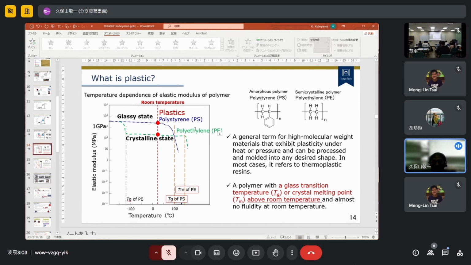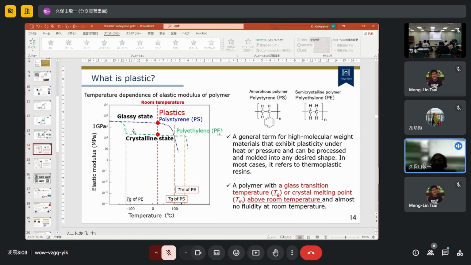And polyethylene is a semi-crystalline polymer. In the case of polyethylene, the glass transition temperature is much lower than room temperature, around below minus 100 degrees Celsius. Around this temperature, the elastic modulus of polyethylene slightly decreases, but the PE is crystallized.